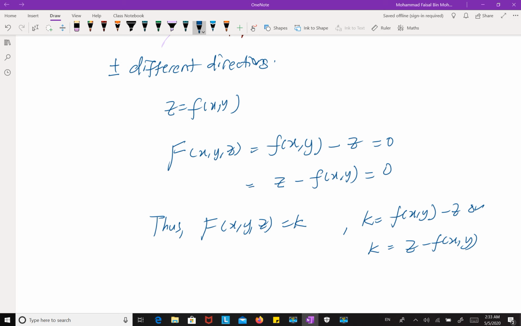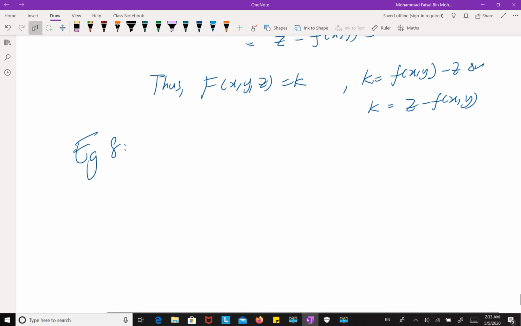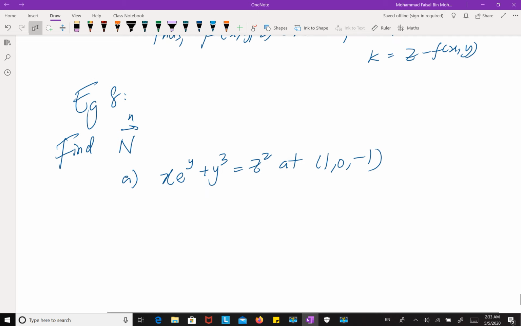Okay, see example 8. Find the unit normal vector of the surface at the indicated point: x e^y plus y^3 equals z^2 at (1, 0, -1).